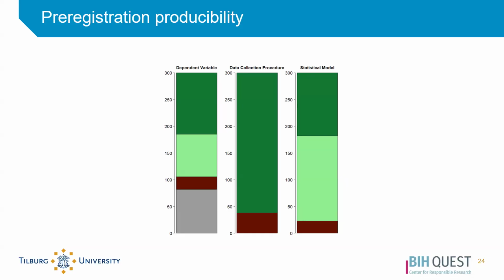Red means it was not there at all, or it was very limited. And gray means it was not applicable. For example, some studies do not have a dependent variable. So in general, this went quite okay. You see a lot of green in there. So when people pre-register a dependent variable or data collection procedure, they typically do so in sufficient detail. So that's a good thing to know.